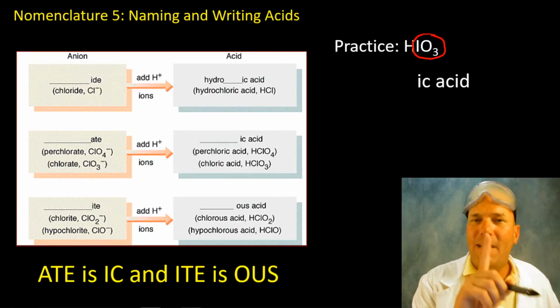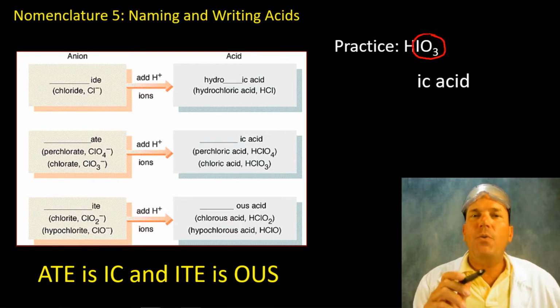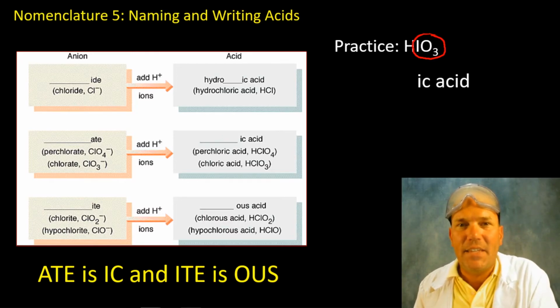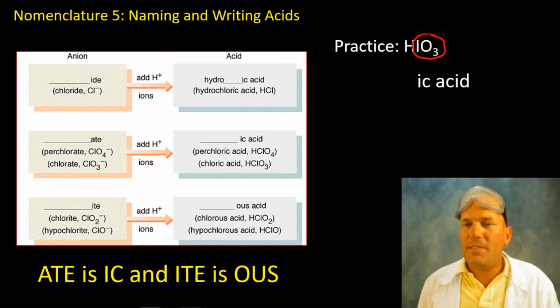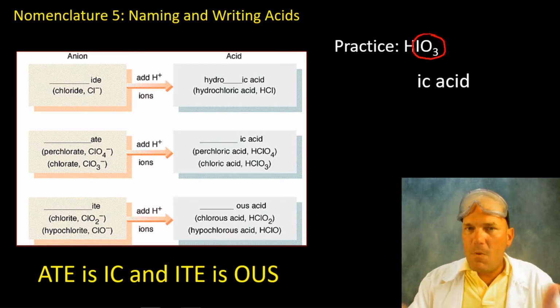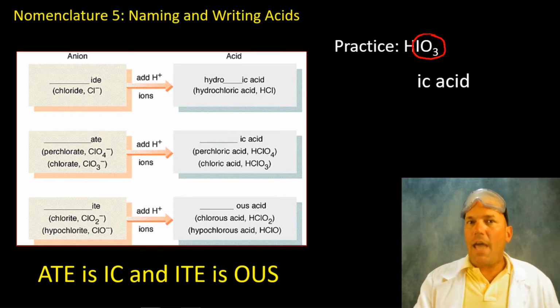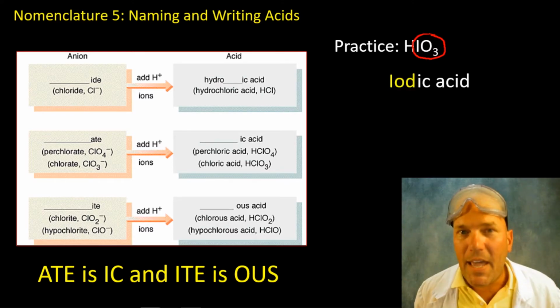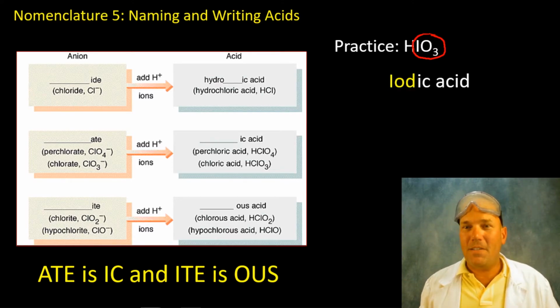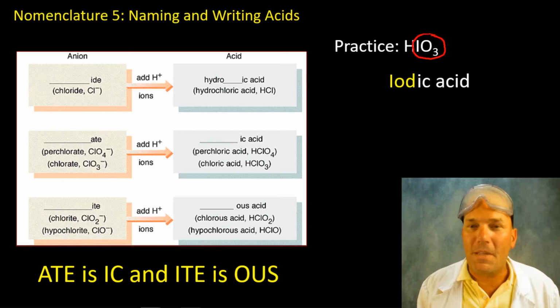IO3 charge -1. Iodate, ate is ic. Okay, so I know it's going to be something ic acid. And my stem or base for this, iodate, this is iodic acid. And that's the correct name for that formula.